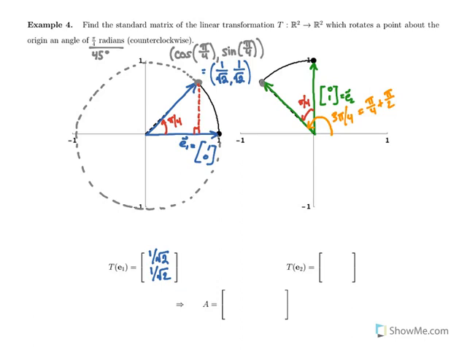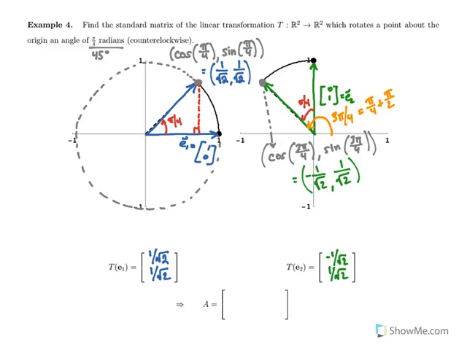And the point associated with that, write it down here, is going to be cosine of that angle, 3 pi over 4, sine of 3 pi over 4. And in that case, that is negative 1 over root 2, 1 over root 2. And that is the entries of T of E2 there.